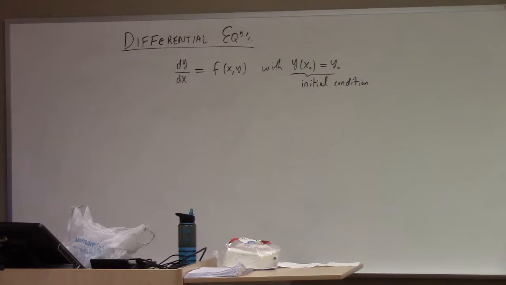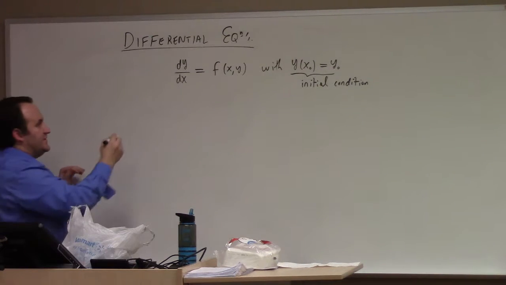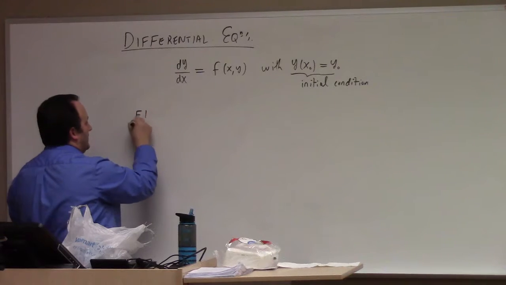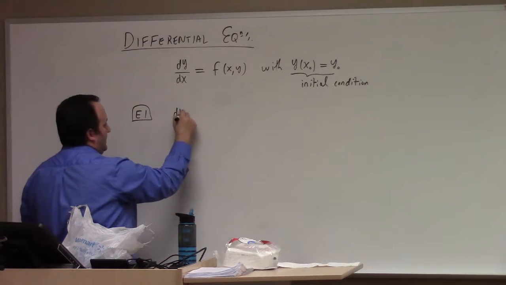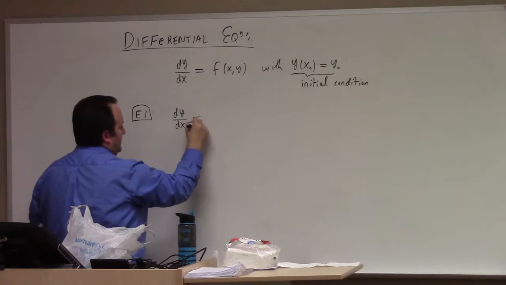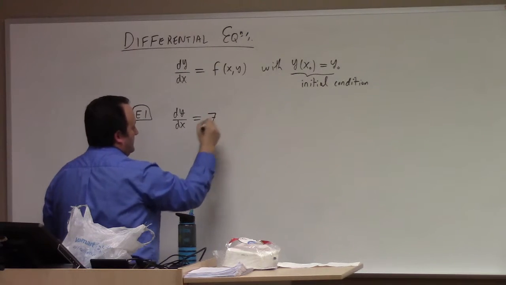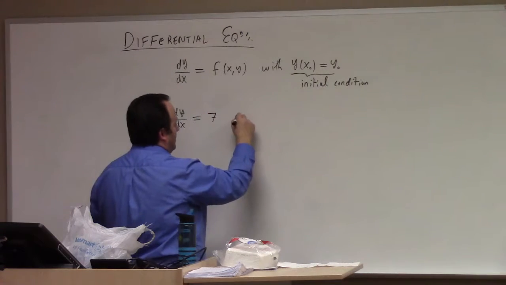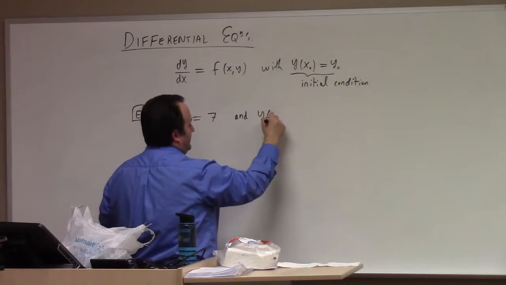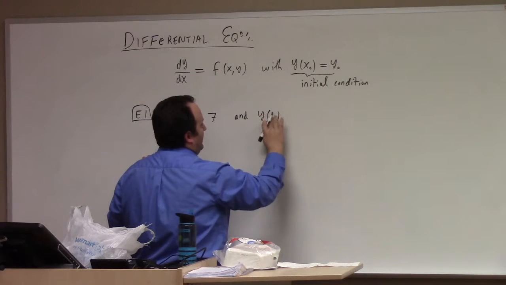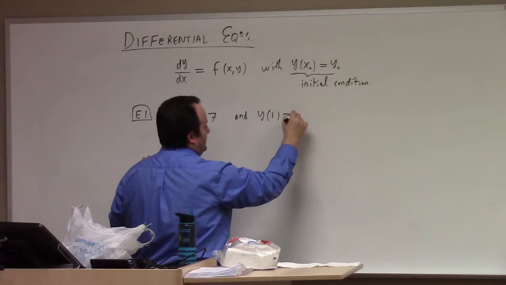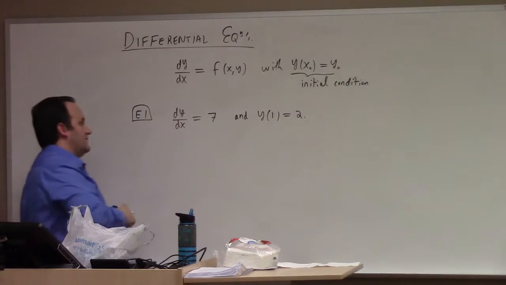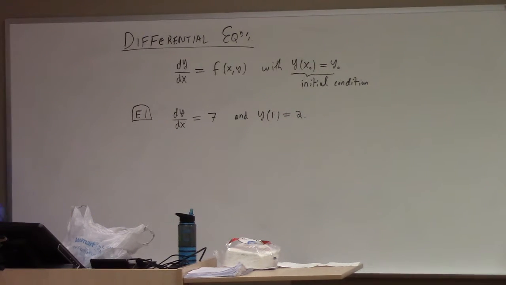All right? Here, let's start small. What if we have dy/dx equals 7 and, let's say, y(1) is equal to 2. Can you solve this initial value problem? What can we do to undo differentiation?